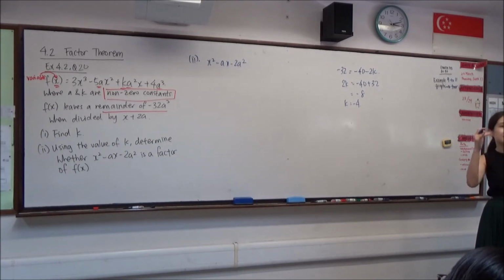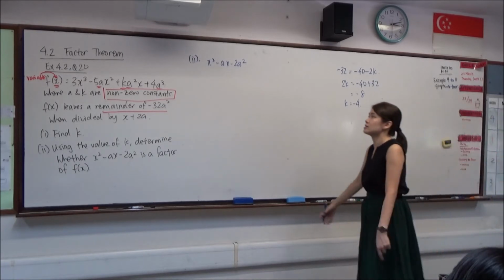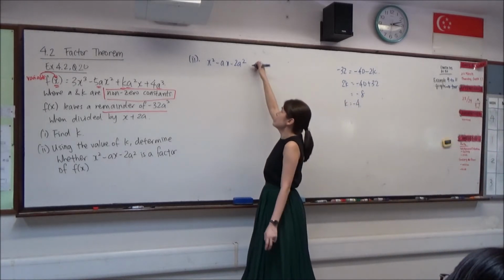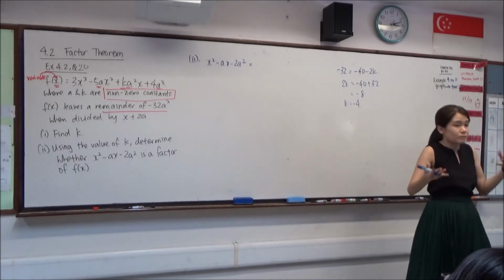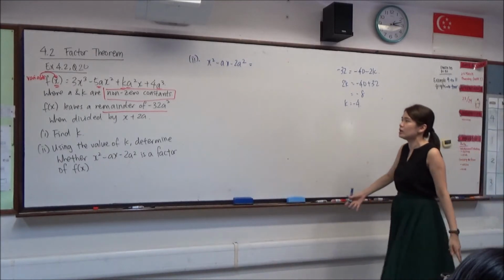Meaning it must be like 2x plus 1, 3x minus 1, negative x plus 1 type. Only a single x, x to the power 1. So in this case, I must actually factorize this. There seems to be a lot of unknowns, a lot of a's going around.